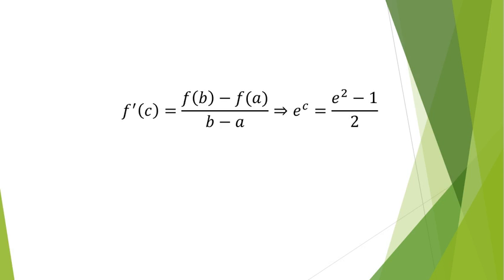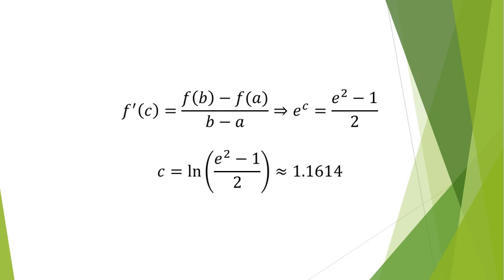We want to get that c all by itself on the left-hand side. What we have right now is something that is in exponential form. If we convert this to logarithmic form, we will then come up with our c value. And when you convert this into logarithmic form, or if you just take the natural log of both sides, both things get you to the same end value, you find that c is equal to the natural log of e squared minus 1 all over 2.